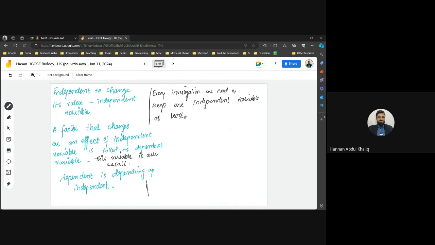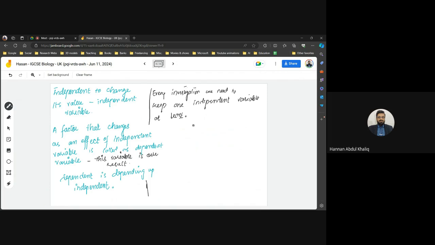In O level or IGCSE biology, we only keep one independent variable, but sometimes in many other investigations we can keep more than one independent variable.